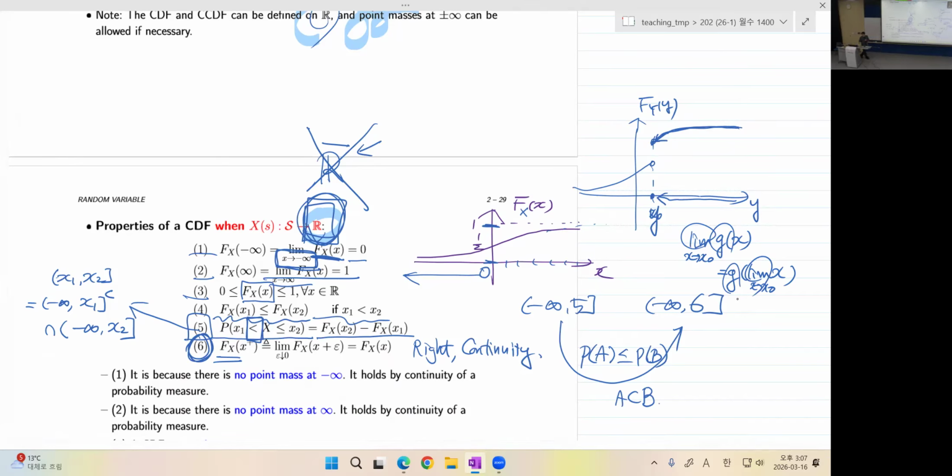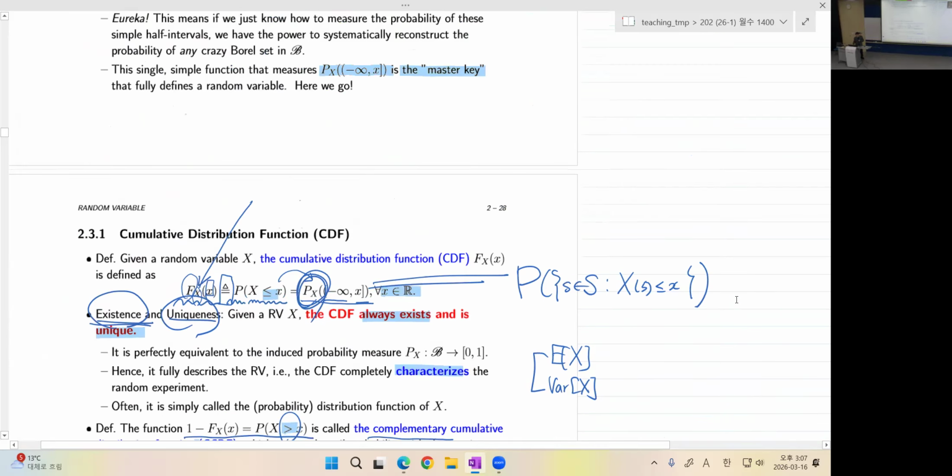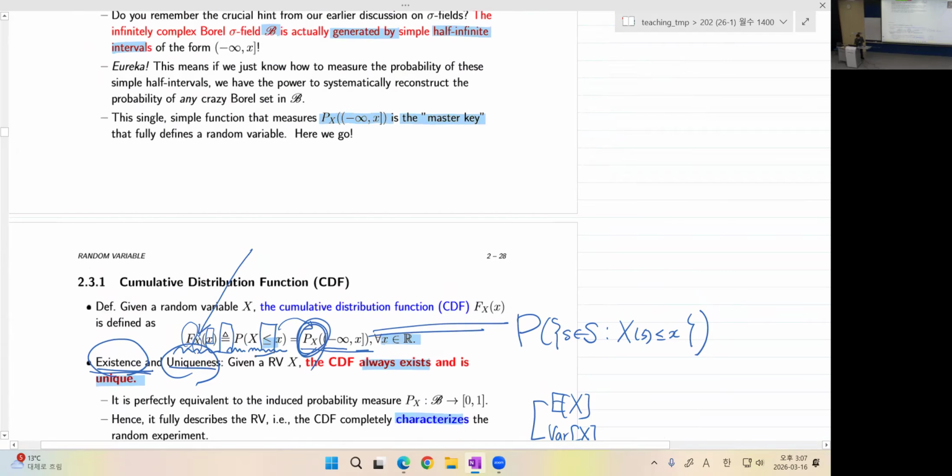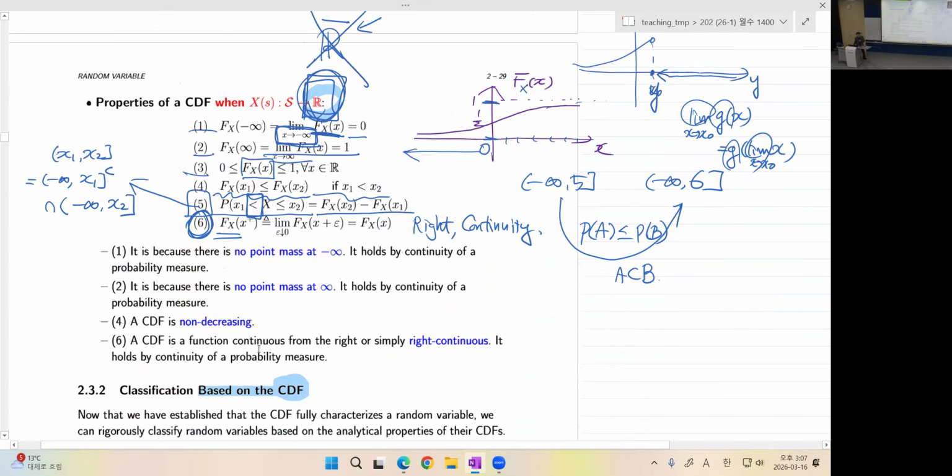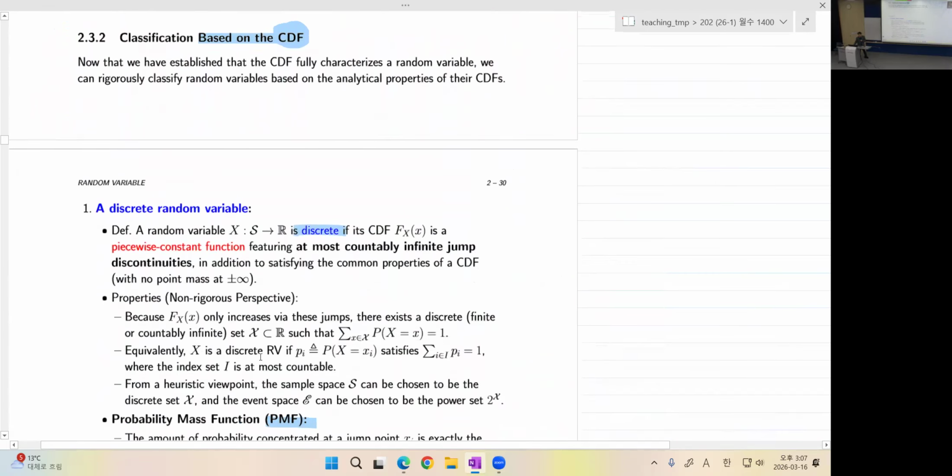And why does this hold? Because we defined it this way. Here we include x. By the way, if you read very, very old textbooks from around the 1930s, well, probably POSTECH does not have such a book, but when I was a graduate student, I could find some very old books, and they have the interval from negative infinity to x excluding x.